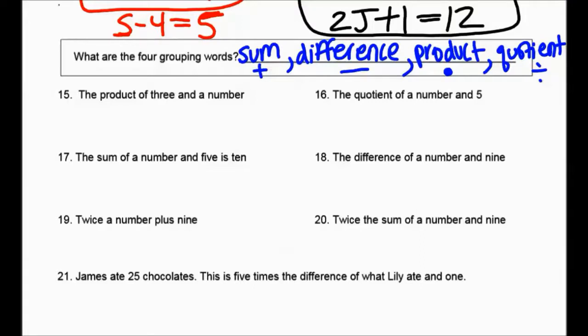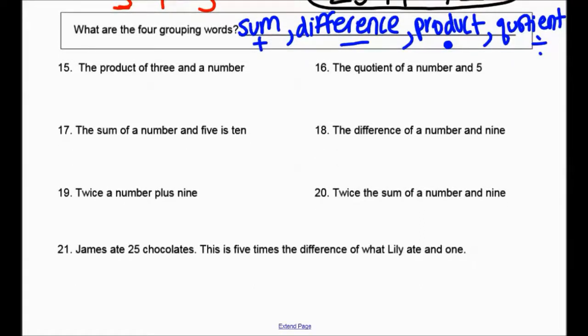Okay, and these ones work a little bit differently also. So let's take a look. We have the product of. Now with these words, it's going to say the grouping word first, and then it's going to tell you what you're adding or multiplying or whatnot. So on 15, it says the product of, and then it's going to tell us what we're multiplying.